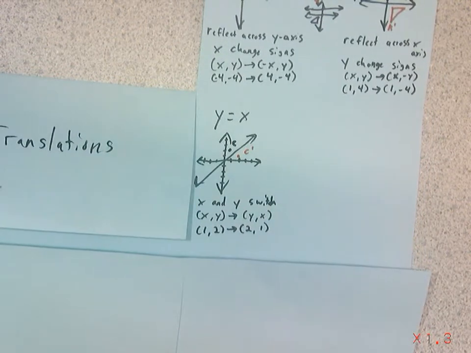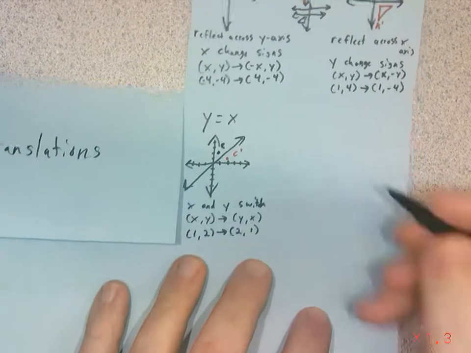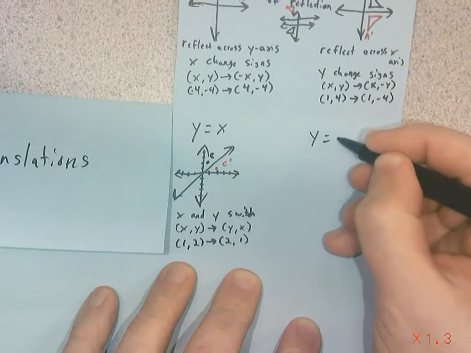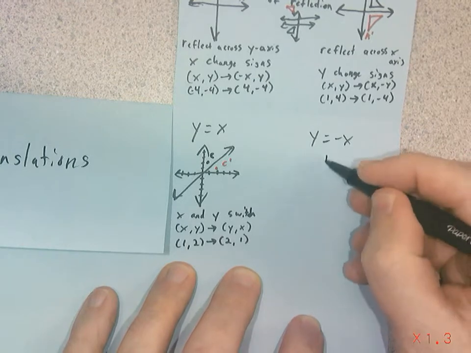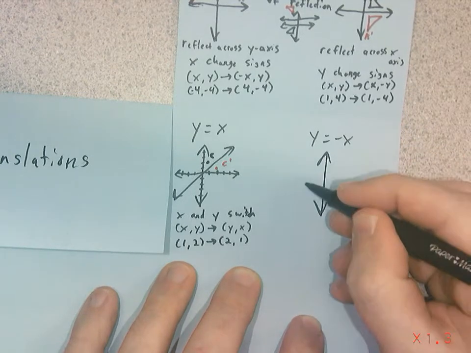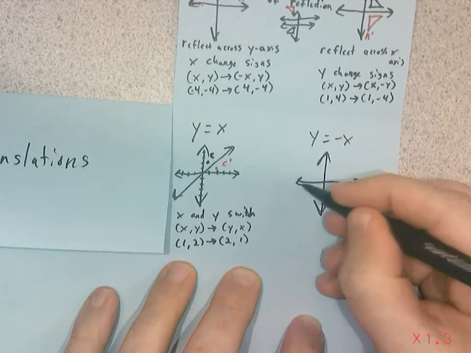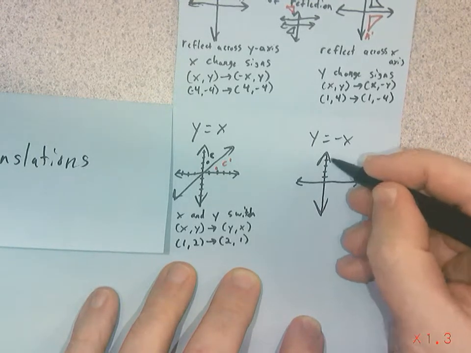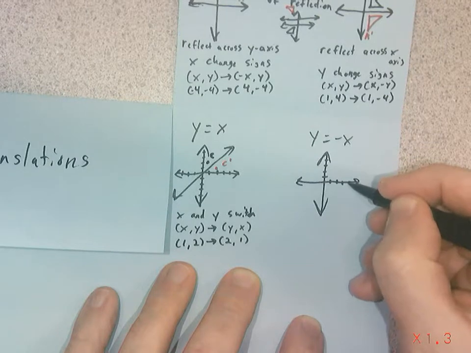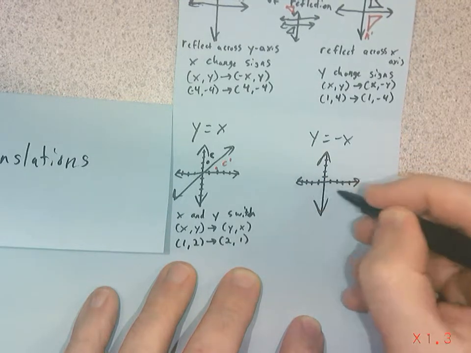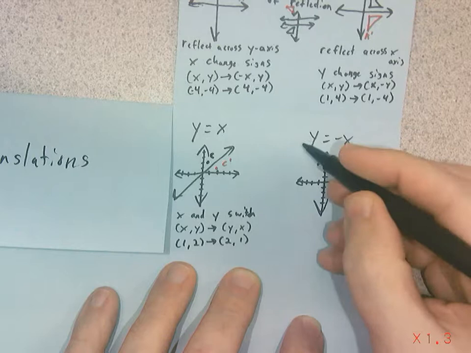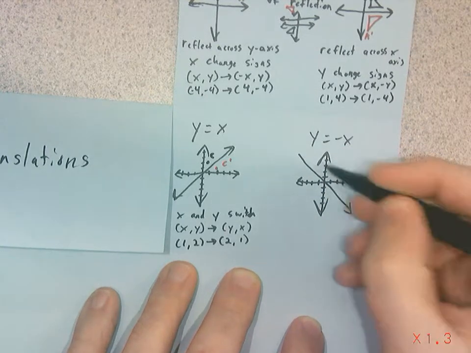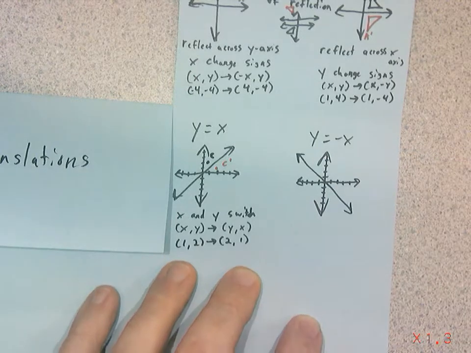Okay. Then the other diagonal line that we talk about is y equals negative x. So if I were to draw a coordinate plane here, negative x would be the line that would go directly through the origin at a slope of -1 over 1.